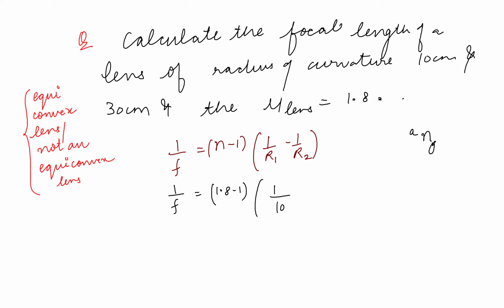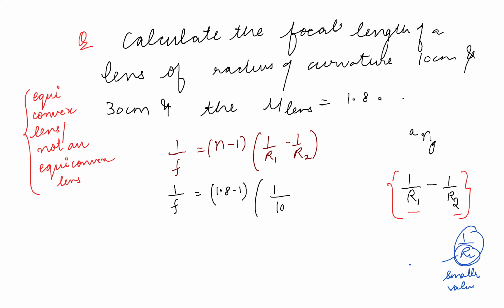You are subtracting 1 by R2 from 1 by R1. Yes or no? So once you're subtracting 1 by R2 from 1 by R1, that means 1 by R2 should be a smaller value. When will 1 by R2 be smaller? When R2 is bigger.